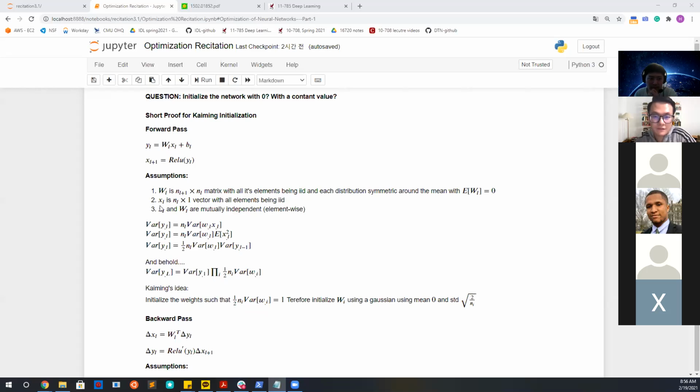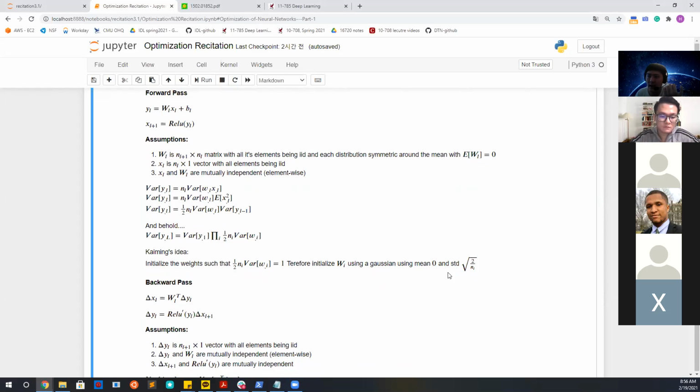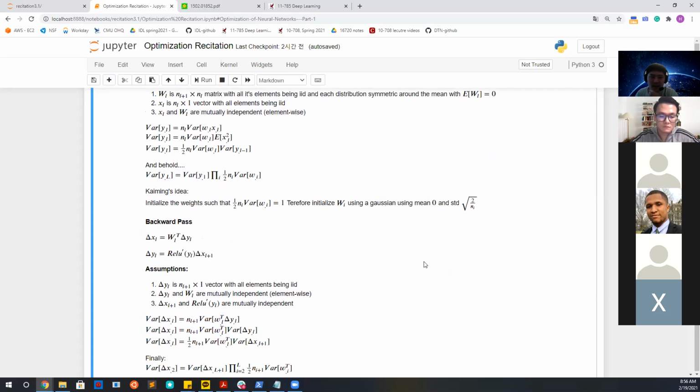Kaiming initialization initializes the network parameters with a Gaussian of zero mean and a variance of 2 over n_i, where n_i is the number of nodes in layer i. This is what Kaiming did.